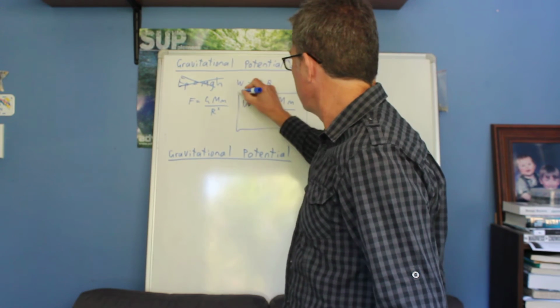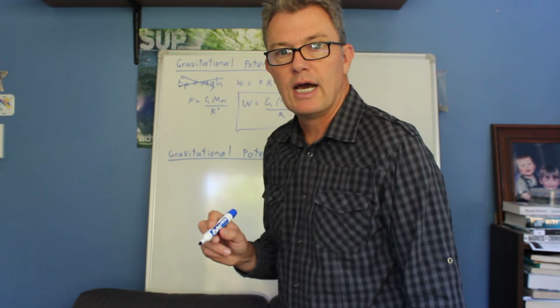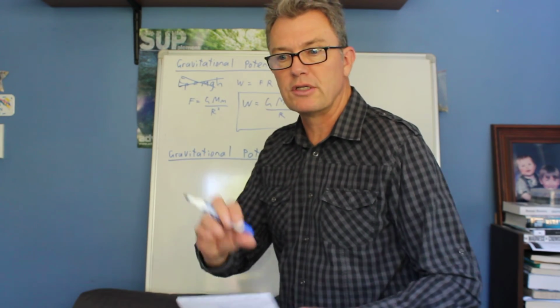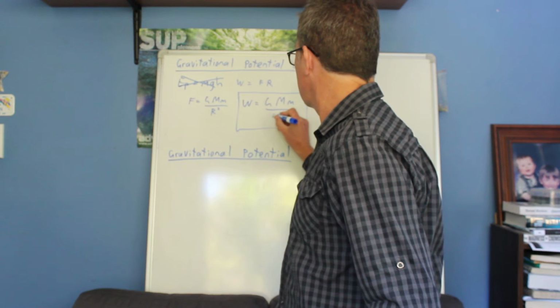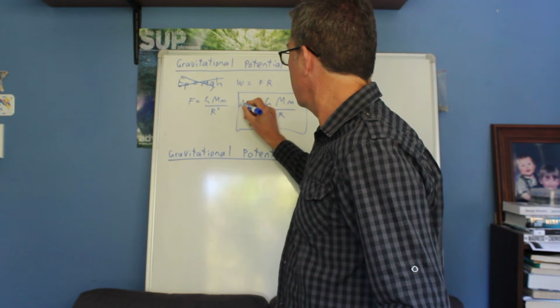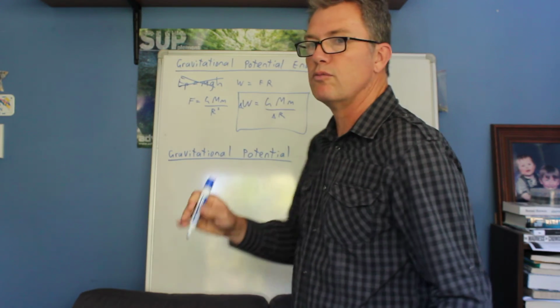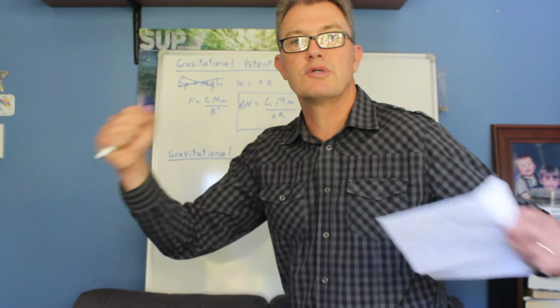That is our formula for calculating the work done in moving an object to a certain point. You can have a little delta here, because often the work done is the amount of work required to move an object from one orbit to another orbit, or from one position to another position.